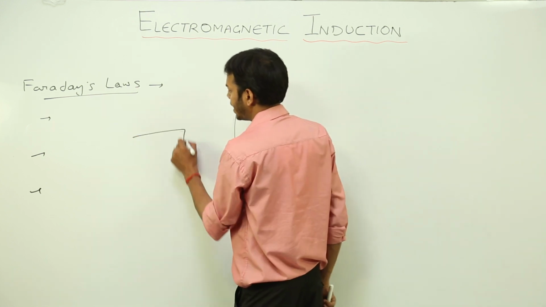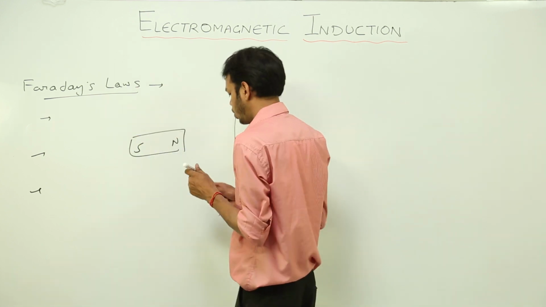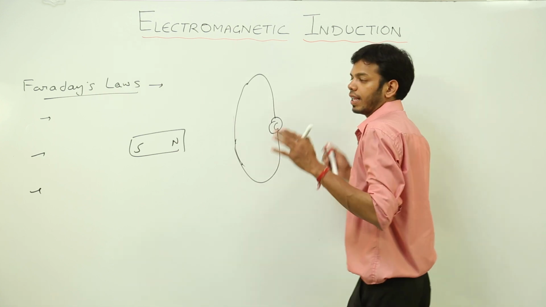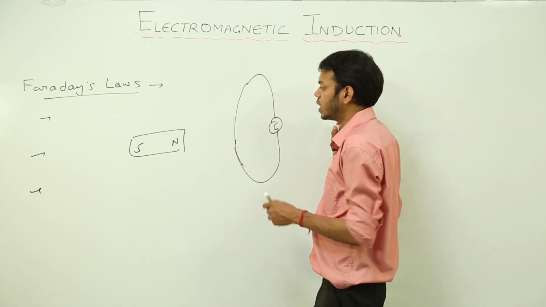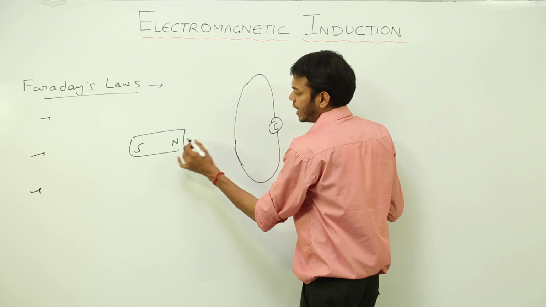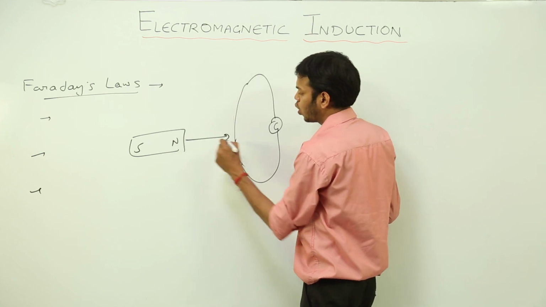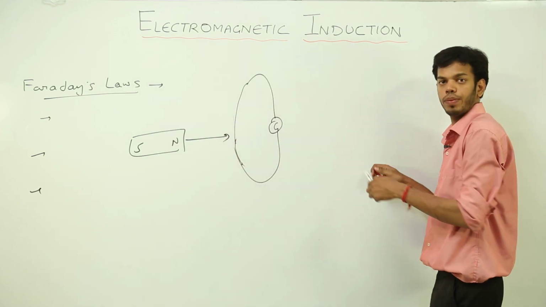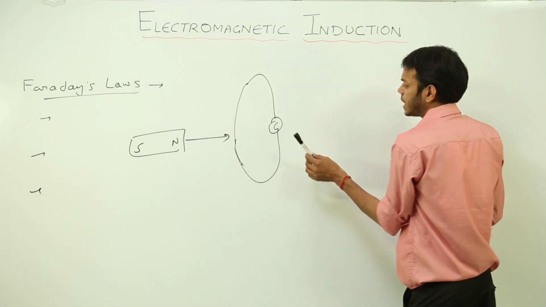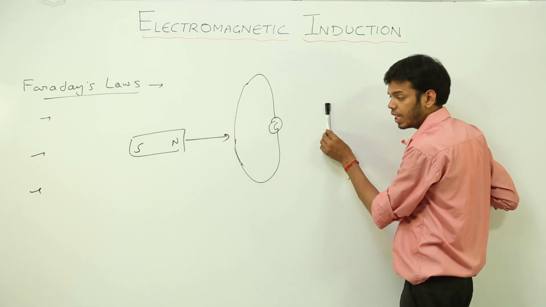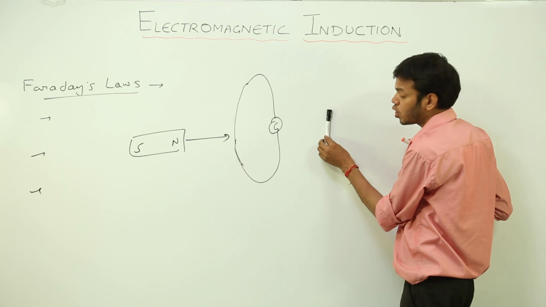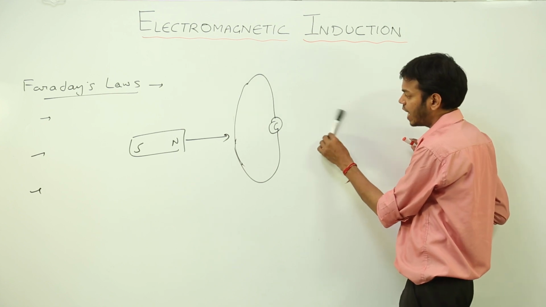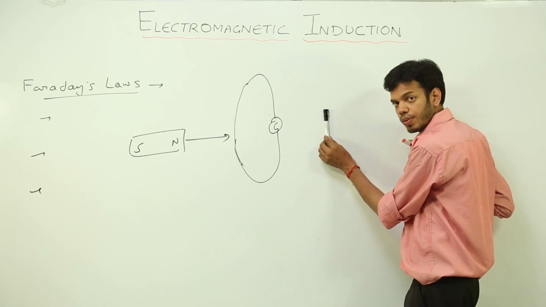We have a magnet here having a north pole and a south pole, and first of all, what was noticed is that initially the galvanometer has zero deflection. When the magnet was brought closer to this loop, the galvanometer gave a deflection and it came back to zero.